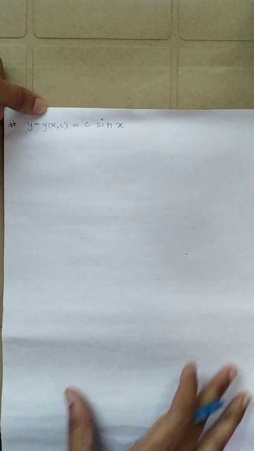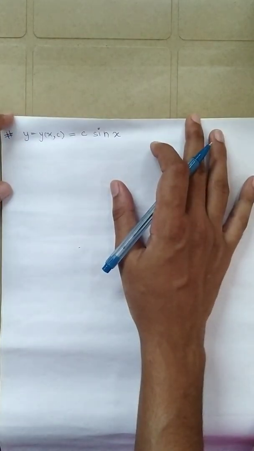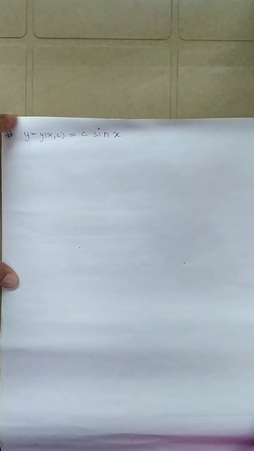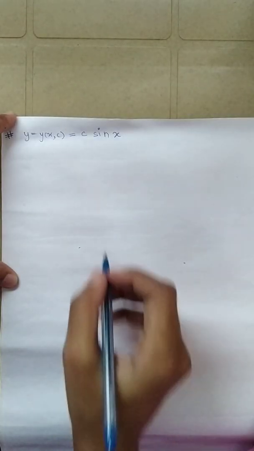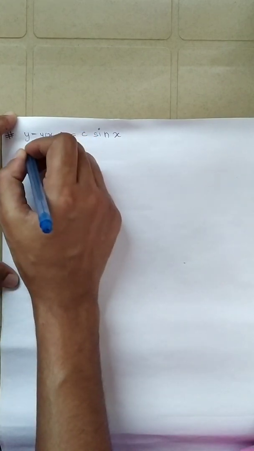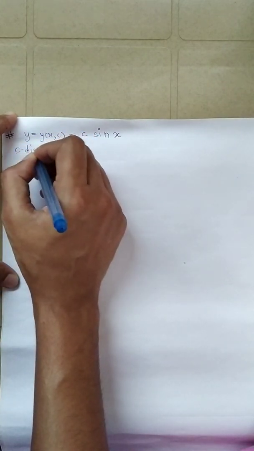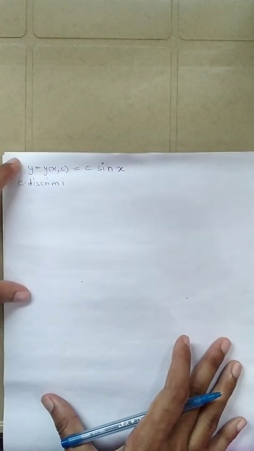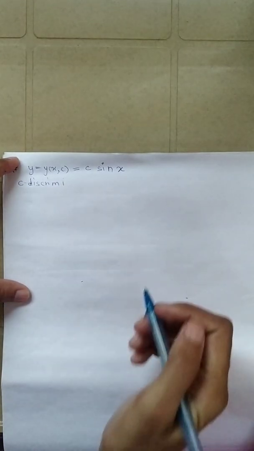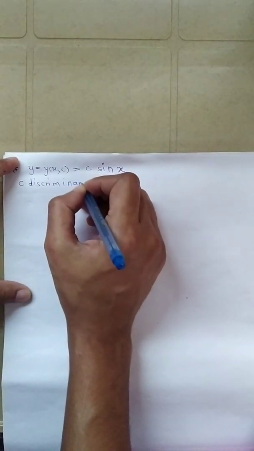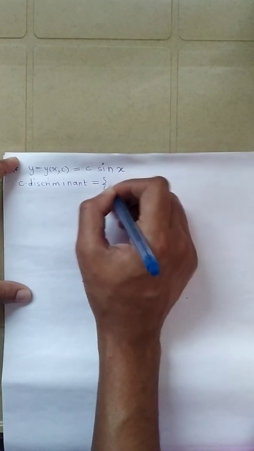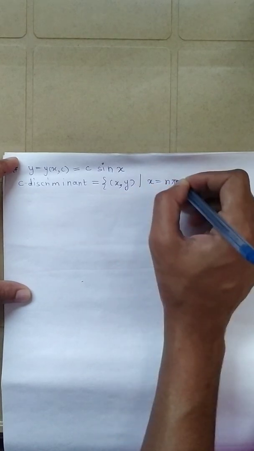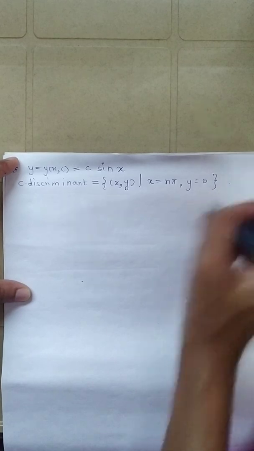Let us look at one example to understand it. Take the family of curves y(x, c) equal to c times sine of x. We have already seen previously that in this case the C discriminant is equal to the set of all the points (x, y) such that x is of the form n times pi and y is equal to 0.